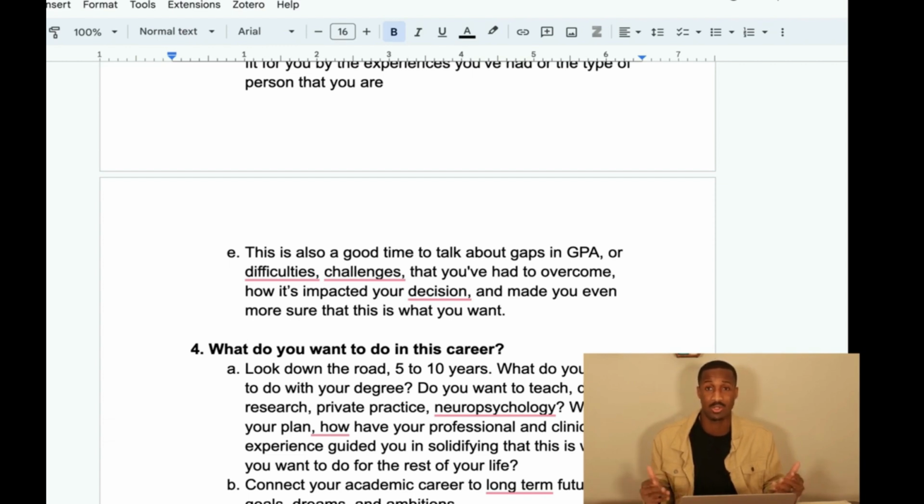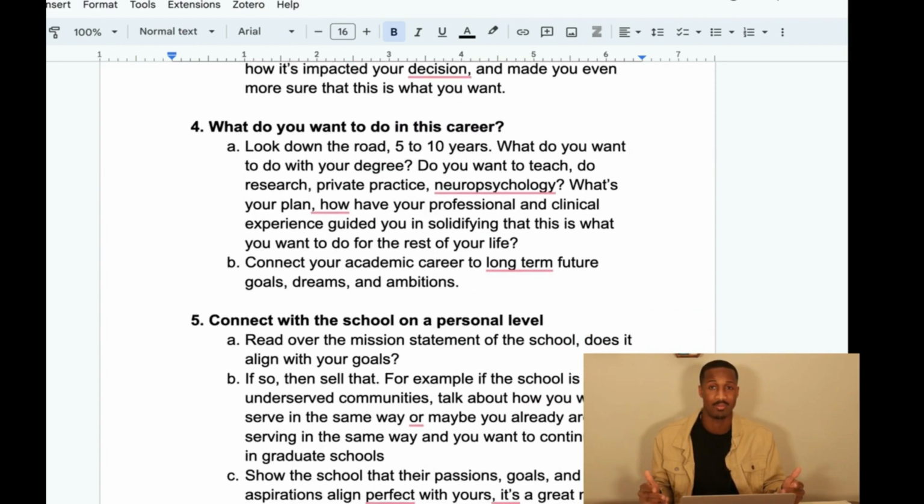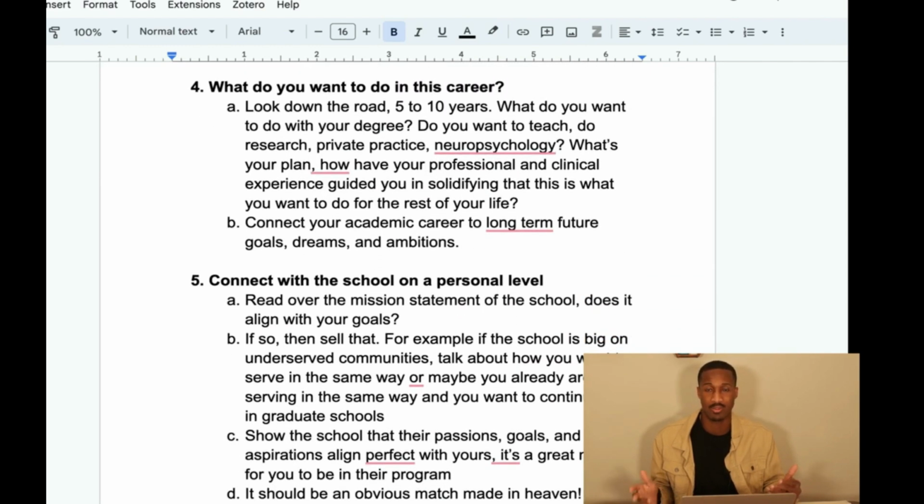Do you want to teach? Do you want to do research? Do you want to do consulting? Do you want to do clinical practice? What age group or ethnicity or race or gender or sexuality do you want to focus on? What are some of the things that is driving you to get into graduate school, and where do you see yourself in the future? You need to communicate the vision that you have for yourself to the committee members.